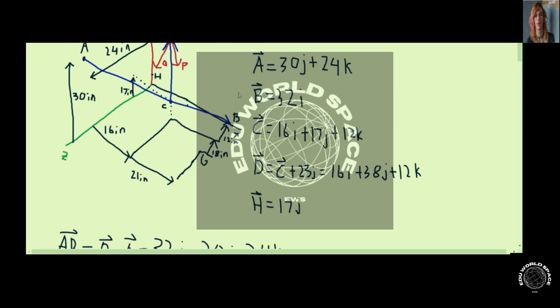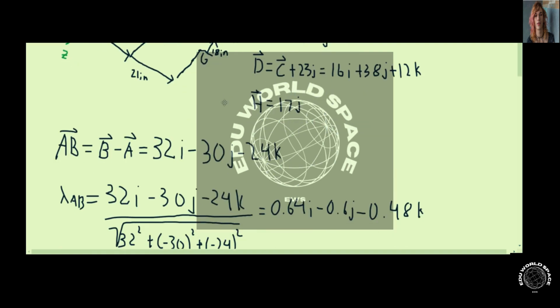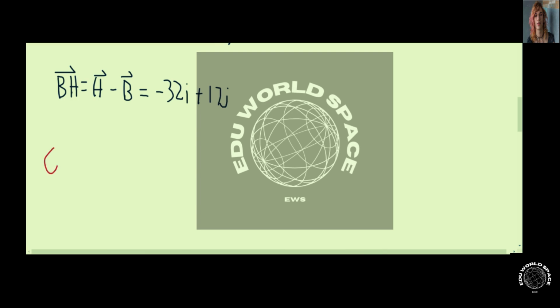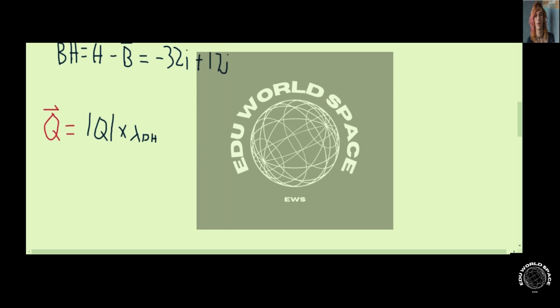Okay, next we're going to write out the formula for this Q vector. So the Q vector is going to be equal to the magnitude of the force Q times the DH unit vector. So we plug in what we know. The magnitude of Q is given, and we calculated the DH unit vector.